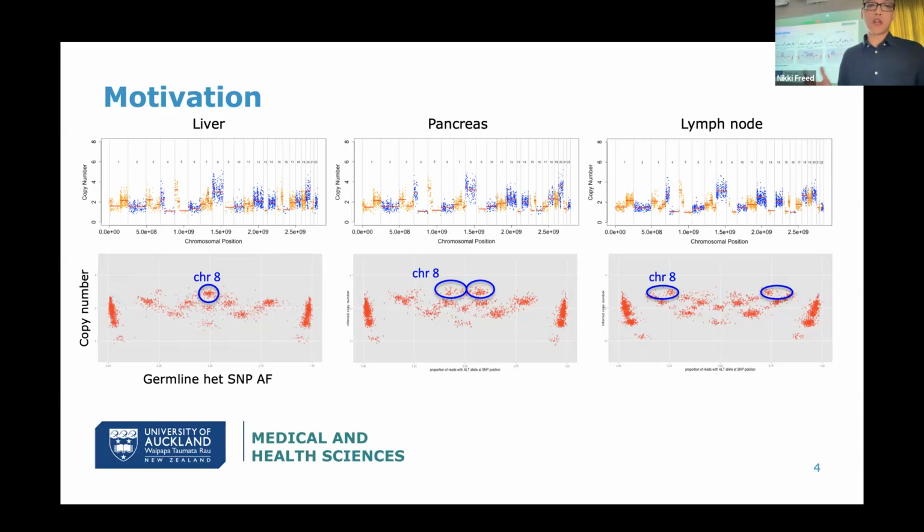So initially we thought the tumor was spread from liver down to pancreas, down to lymph nodes based on the allele frequency change. But in fact, it doesn't really make sense because when talking to the surgeon, this is very unusual ways of cancer being spread. So we actually don't know which one is the primary at this point.